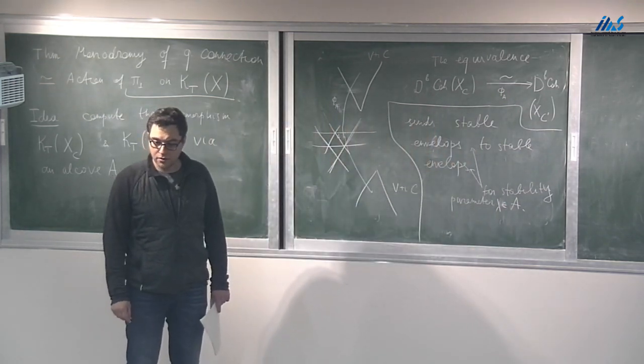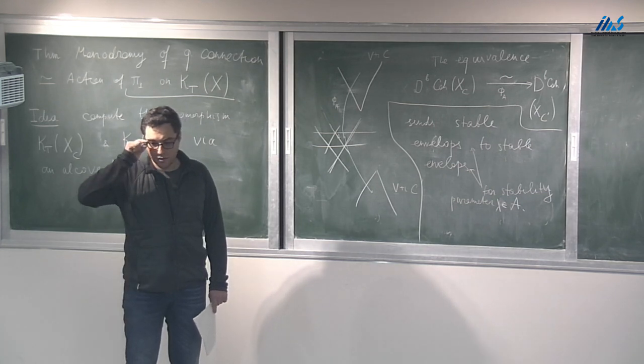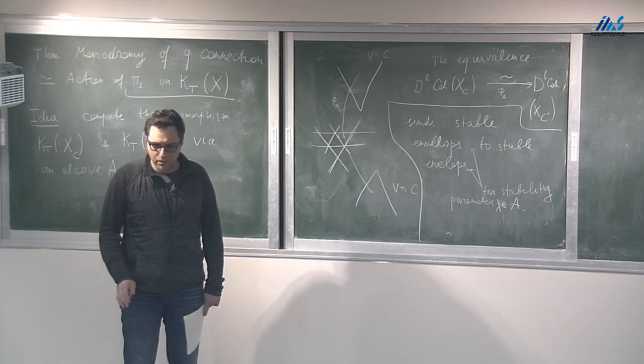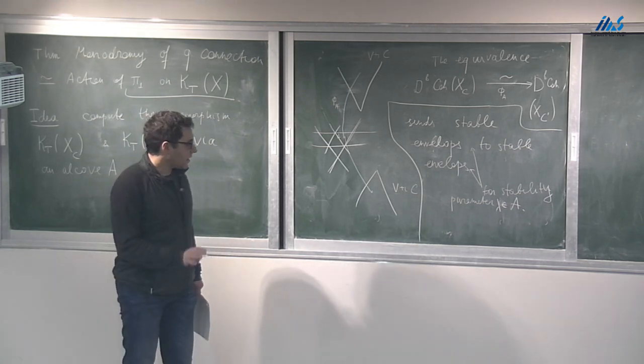Some questions. Yes. So stable envelopes are defined for one parameter subgroups, right? The whole point is fully independent of that. Yeah.